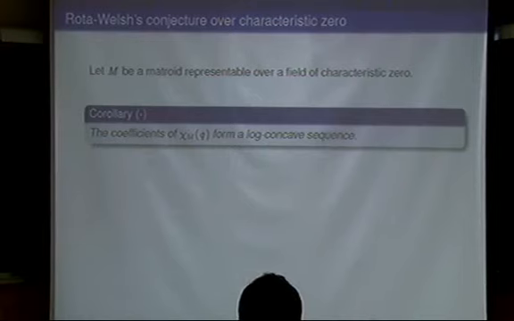So what does this kind of thing have to do with the graph coloring problem? I'll explain that. Let M be a matroid representable over a field of characteristic 0.